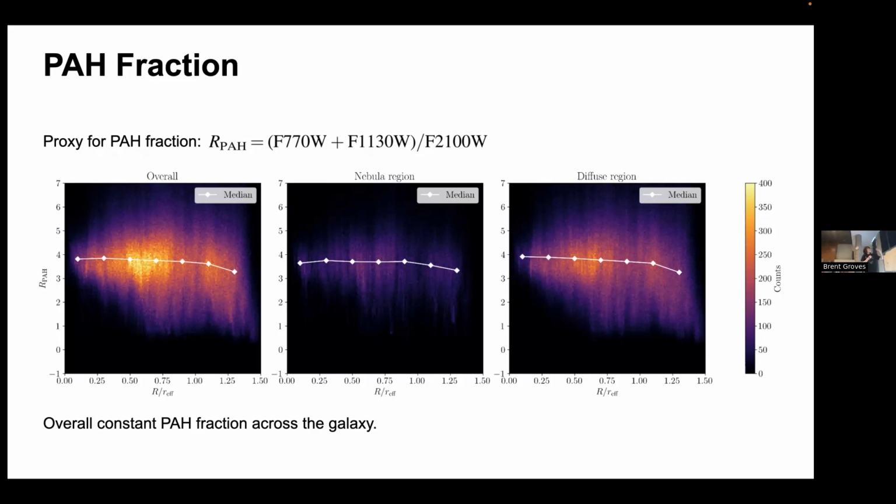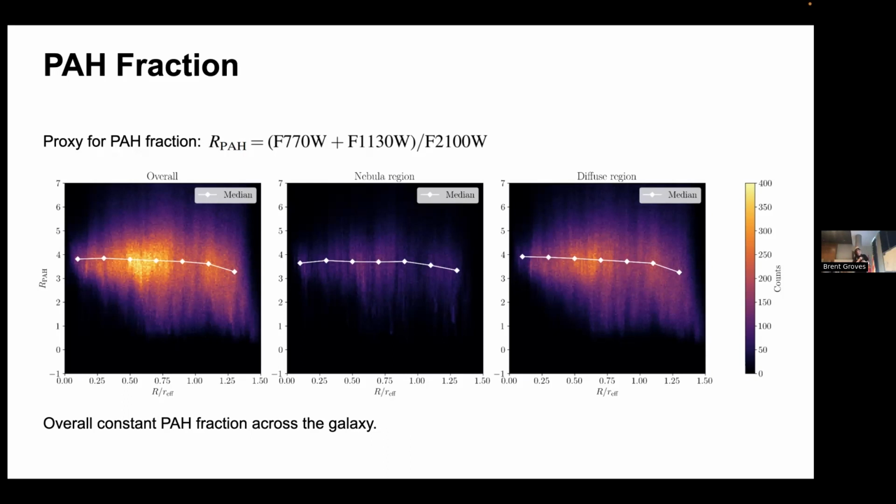And here I'm showing you the 2D histogram of the PAH fraction as a function of radius. We can see that on the left-hand side, that's the overall profile of our PAH in the galaxy. And if we select the nebula region, we see a picture like this.